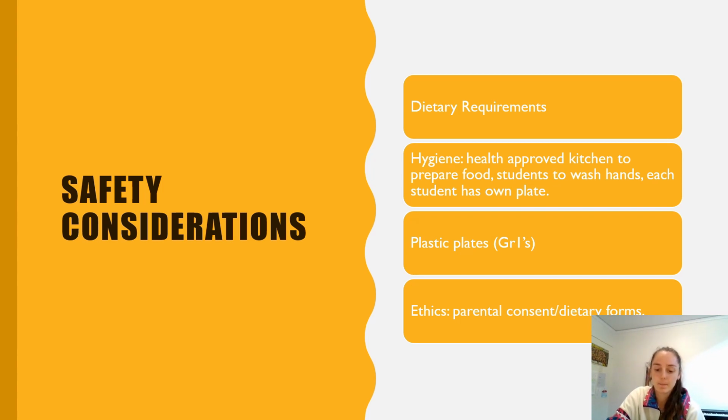Also using plastic plates because they're grade 1, so we don't want anything to smash. And as well, ethics: sending parental consent and dietary forms, and having them returned before the lesson starts.